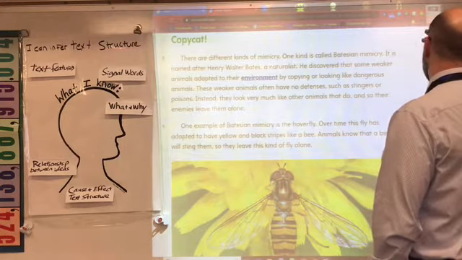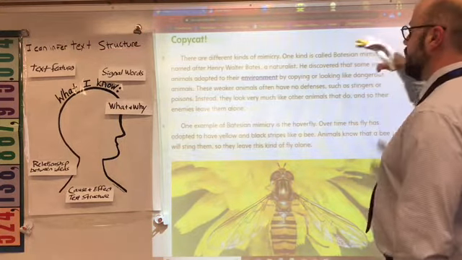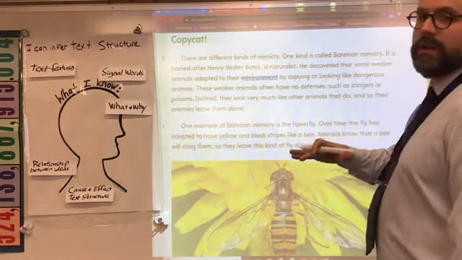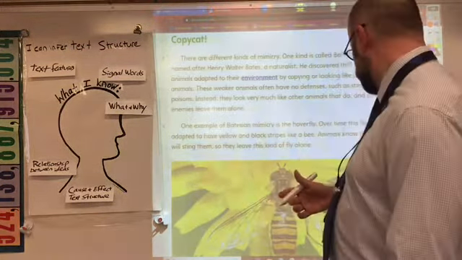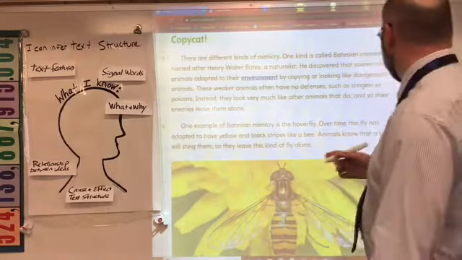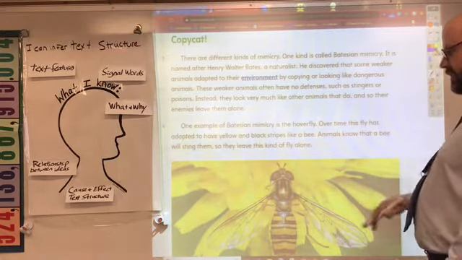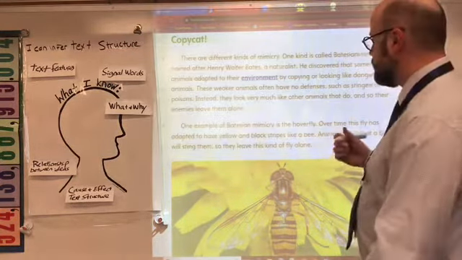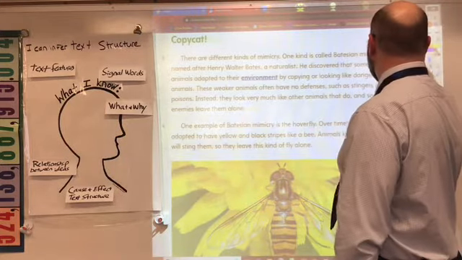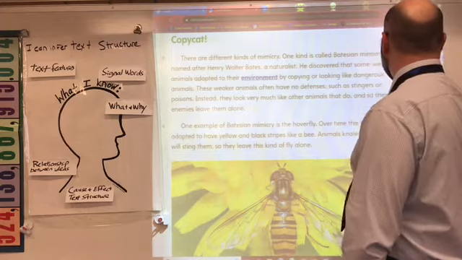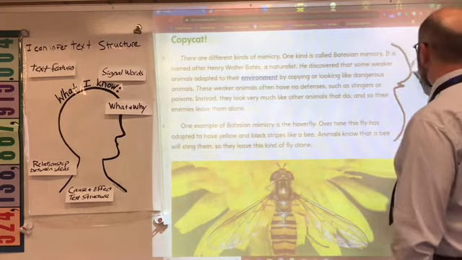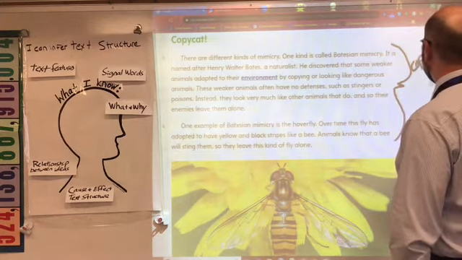Well, what's the main bit of information from this text? If you look through the text for the week, you can find it. The main piece of information from this little excerpt is about copycats, right?